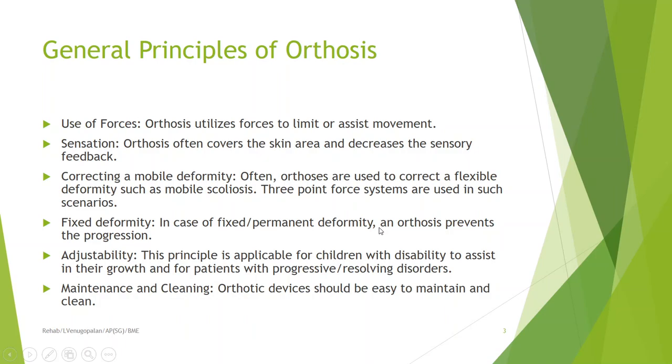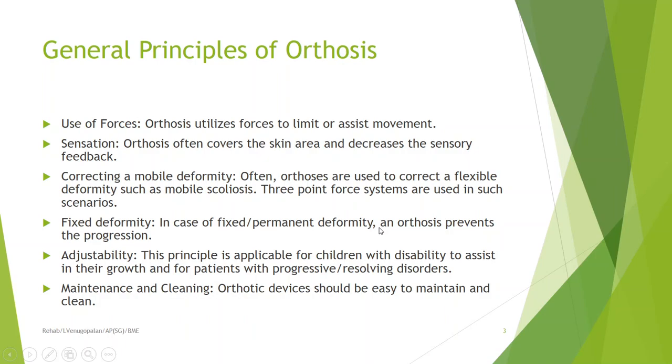Next is correction of mobile deformity. Orthoses are used to correct flexible deformities such as mobile scoliosis. If the deformity is reversible, then the orthosis corrects that particular deformity by using a three-point force system, and assists the person in healing or regaining their normal day-to-day life activities, or functional activities, I should say. A fixed deformity is a deformity that is permanent.